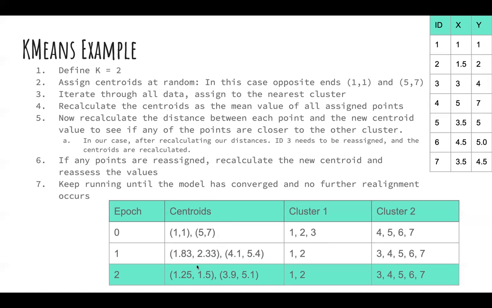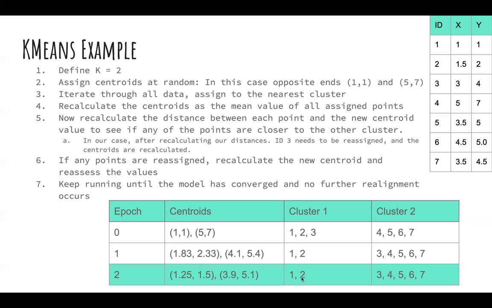That's your new centroid. Same thing with this one: you take the mean of these four and get the new value there. Then you run through it again. Now, even though 3 was equidistant before, it is now much closer to the second centroid. So we push 3 over here, and then we adjust our centroids accordingly.